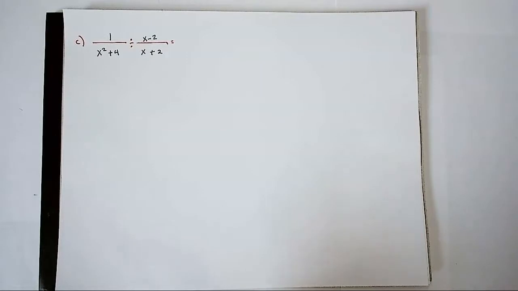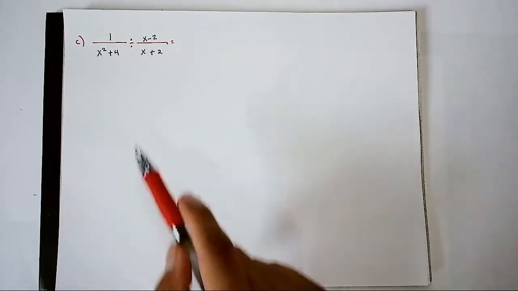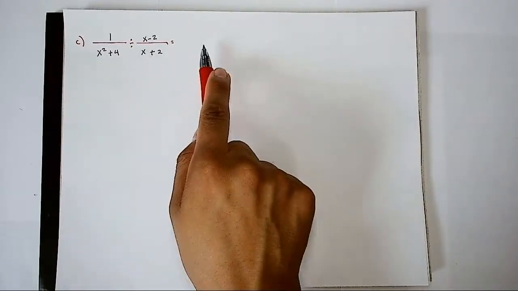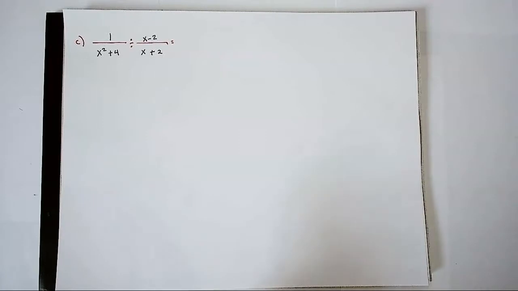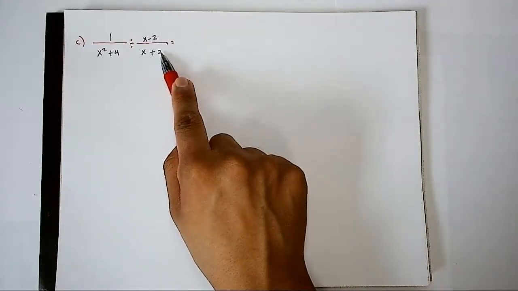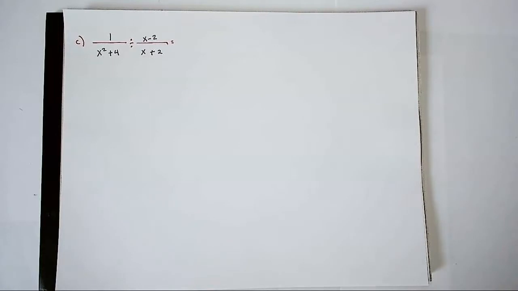In example C, we have one fraction divided by the other. But we can convert this division into a multiplication because division is the inverse of the multiplication. To do that, we switch the numerator with the denominator of the second fraction. So let's do that.